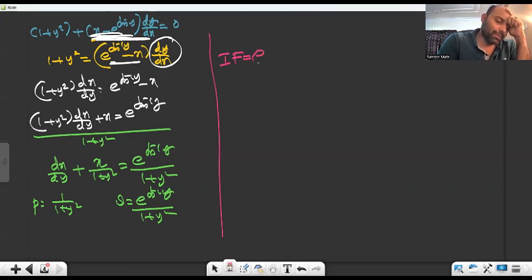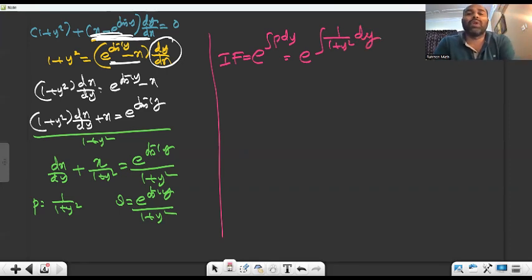IF equals e raised to integral p dy. What is the integral of 1 by 1 plus y square? Standard result, tan inverse y. So the integrating factor is e raised to tan inverse y. There is no log; if a log were there, only then we cancel.